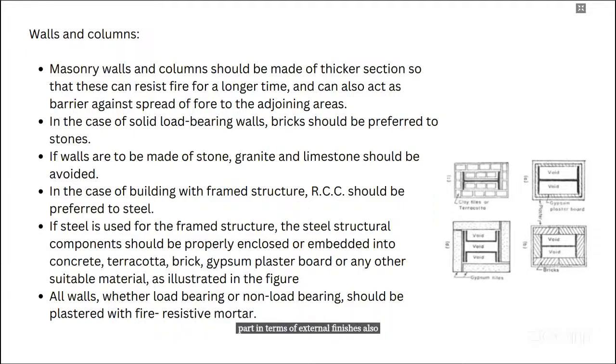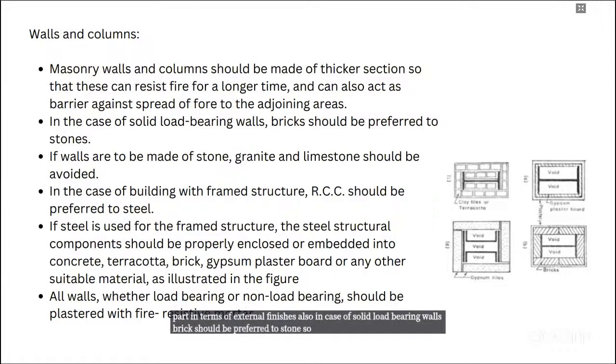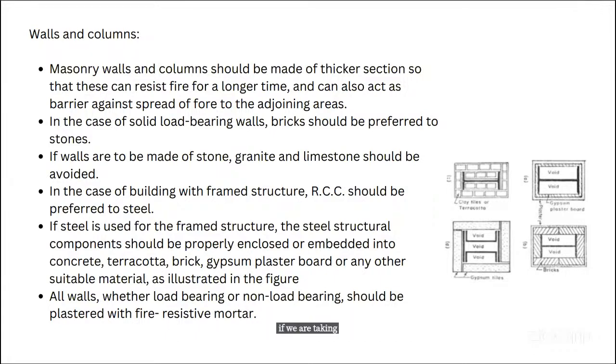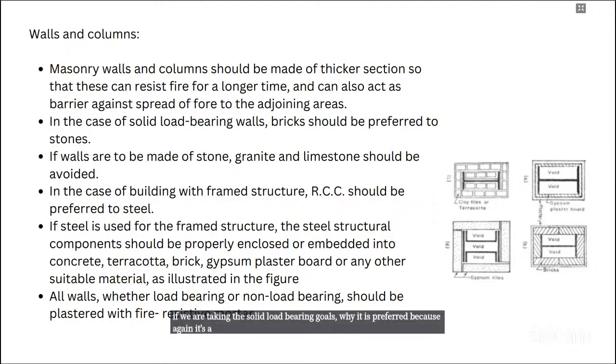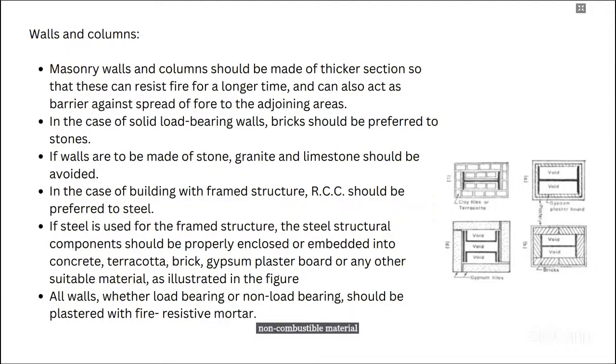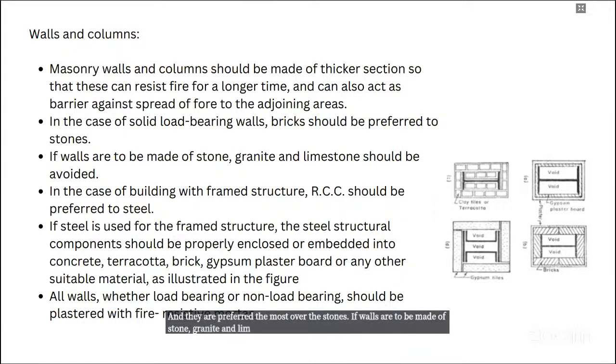In the case of solid load bearing walls, brick should be preferred to stone. Why is it preferred? Again, because it's a non-combustible material, and bricks we can use easily, so they are preferred the most over stones. If walls are to be made of stone, granite and limestone should be avoided.